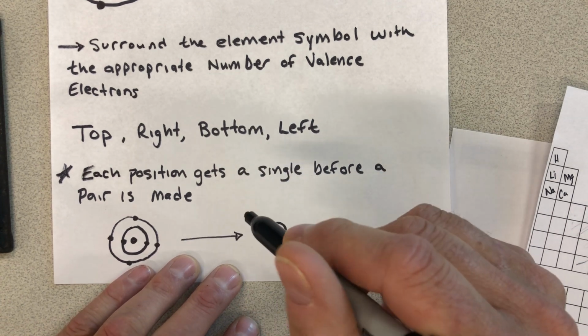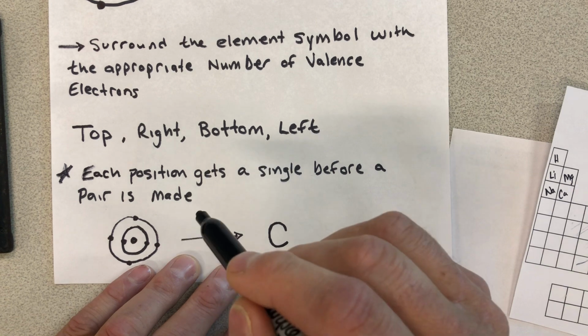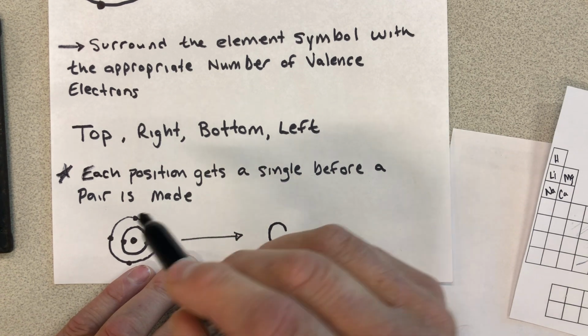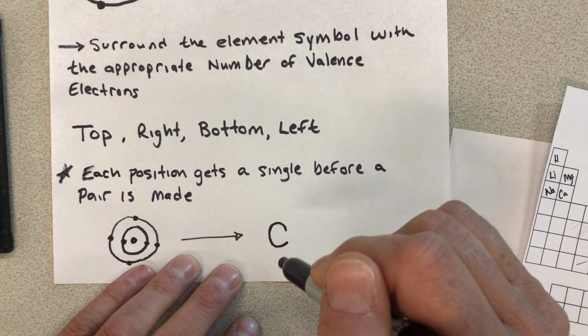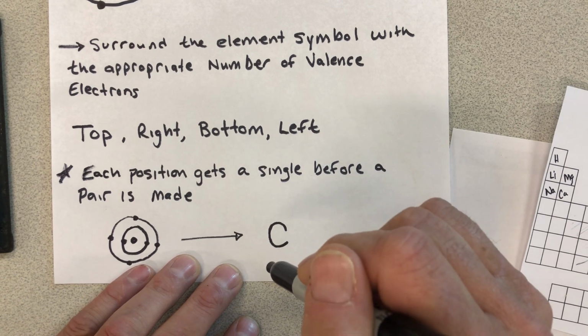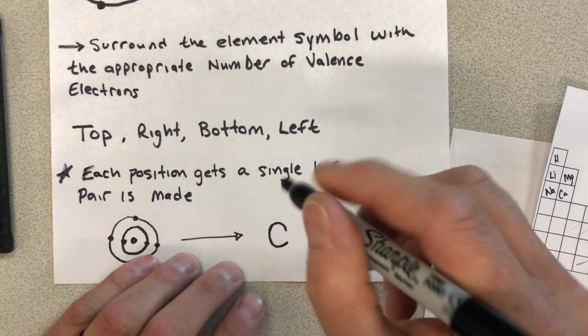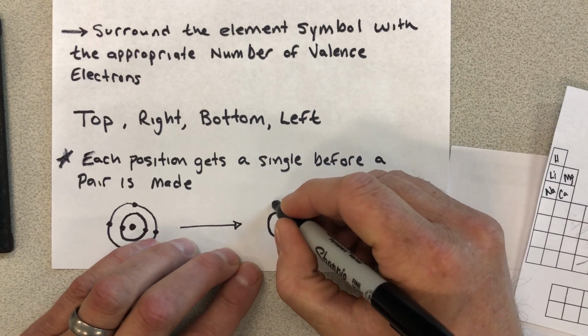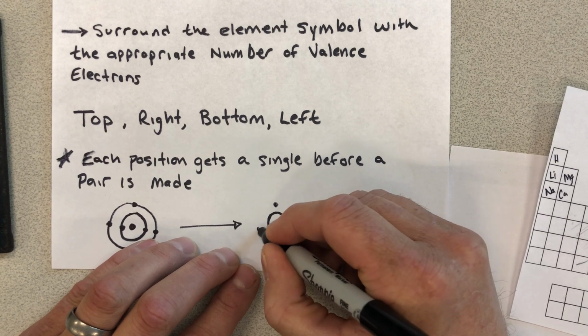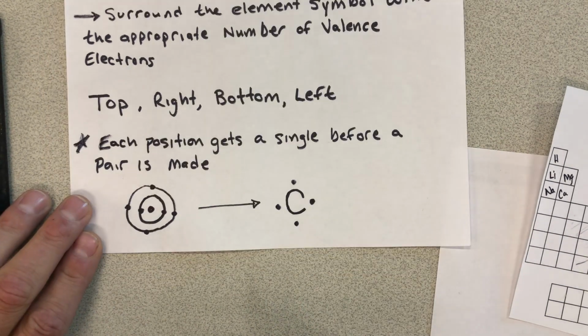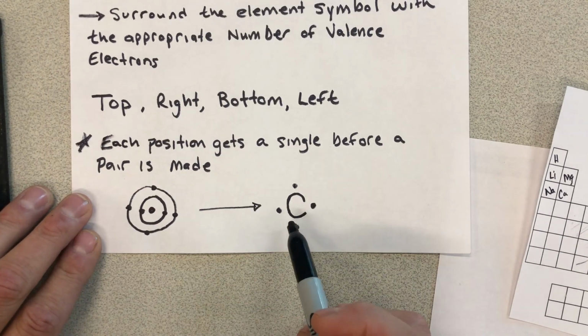And really, that's not set in stone. The real thing you have to know is that each place on the symbol needs to receive a single electron before you make a pair of electrons. So with a carbon atom, you'd start at the top, move to the side, move to the bottom, and move to the right. Those are the 4 valence electrons in a carbon atom.